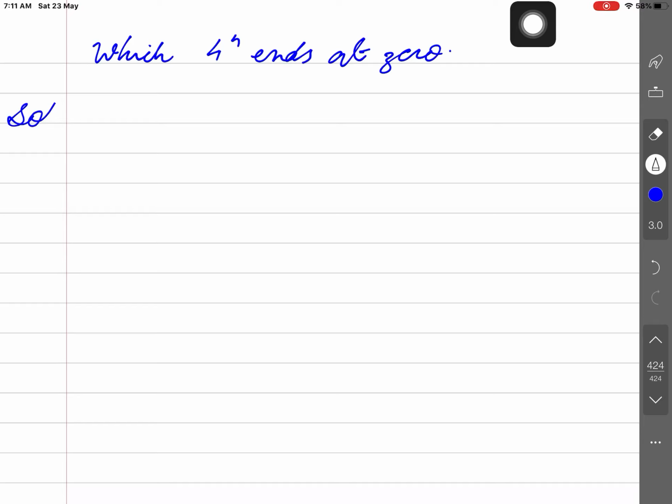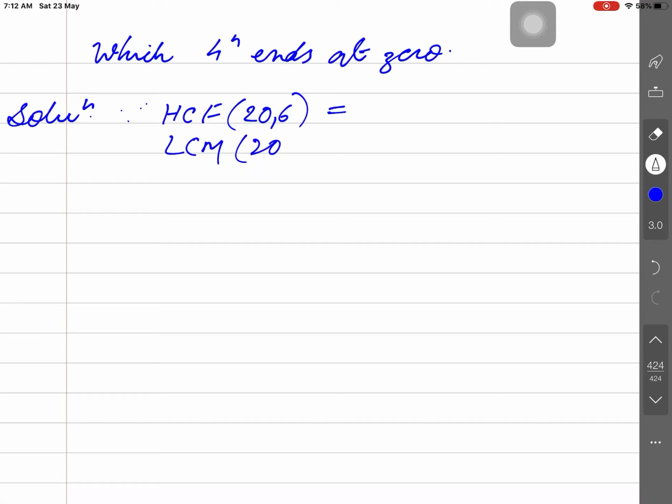Solution: since the HCF of 20 and 6 you are to find out, and the LCM of 20 and 6 also we are to find. Is that clear? And what is the method saying? Prime factorization.